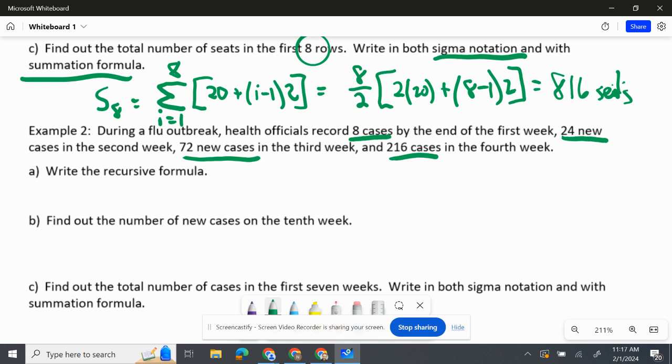So when we look at our sequence, we have 8, 24, 72, and 216. This time we notice that we're multiplying by 3. So we have a sub 1 equals 8, comma, a sub n equals a sub n minus 1, times 3.